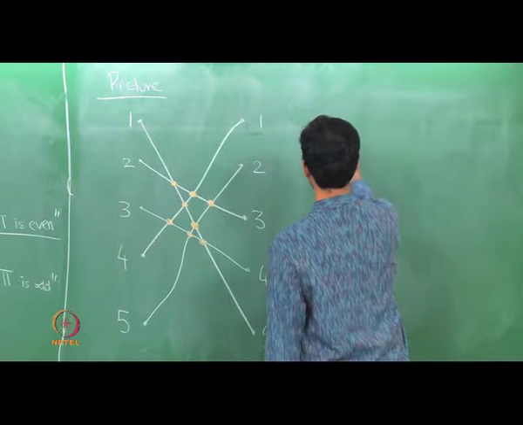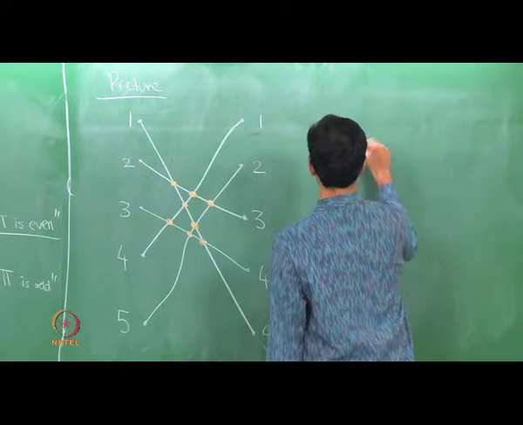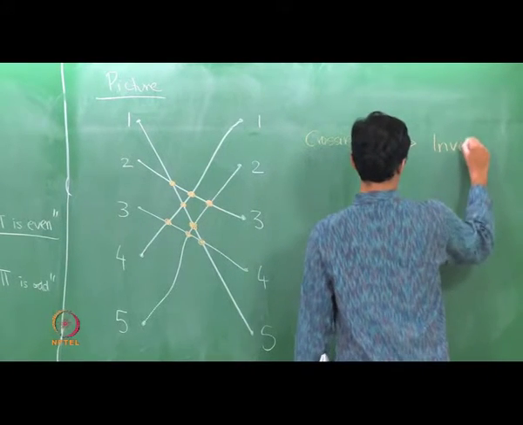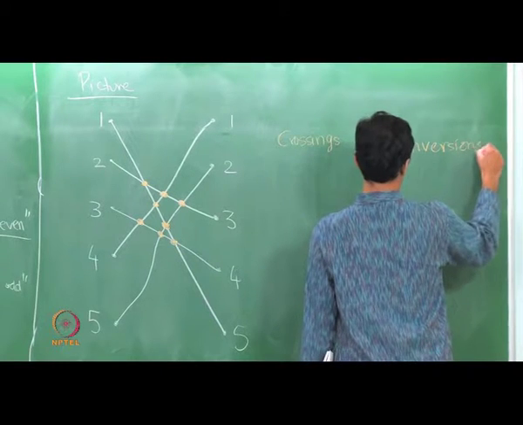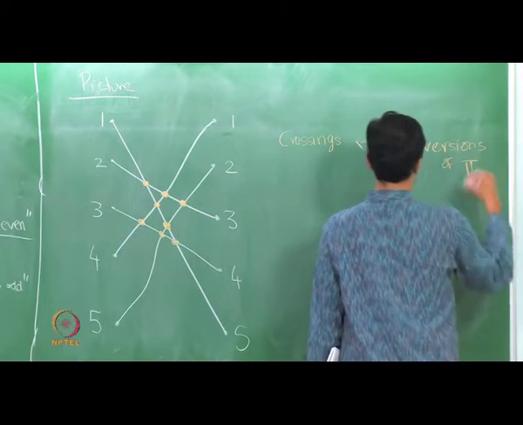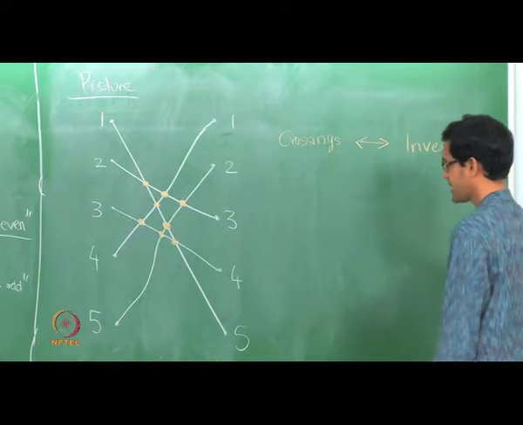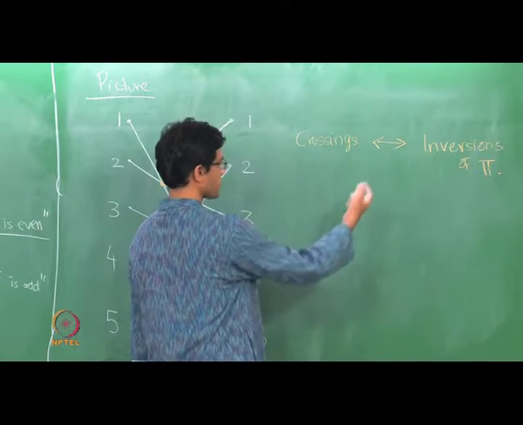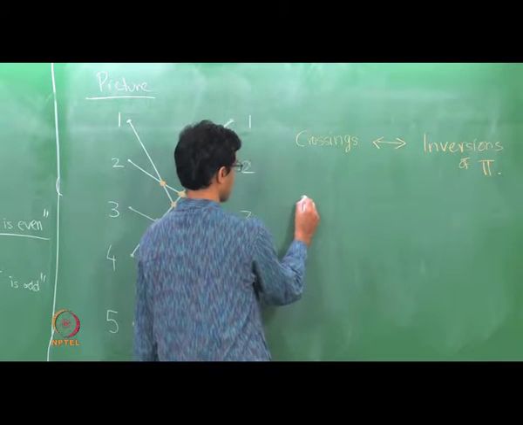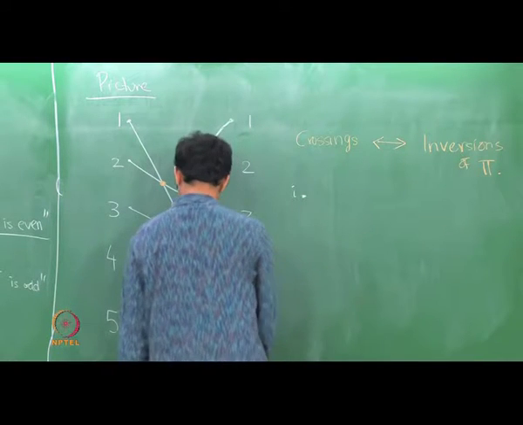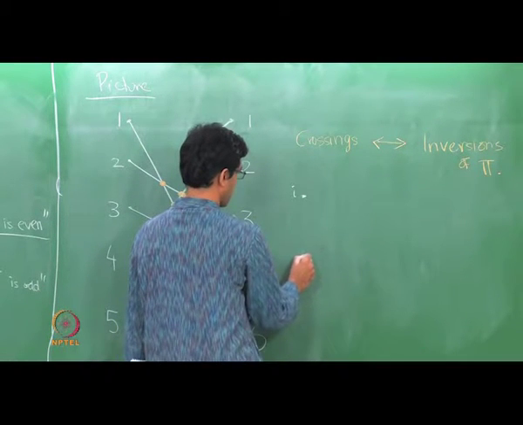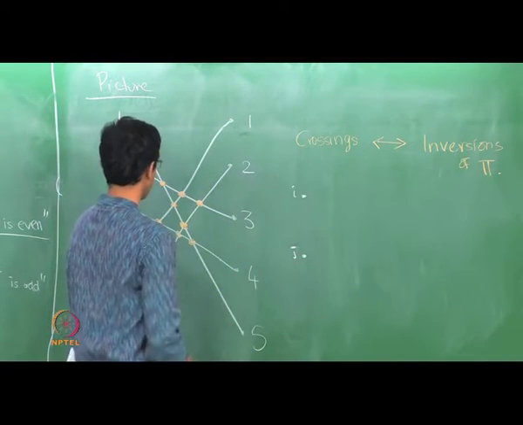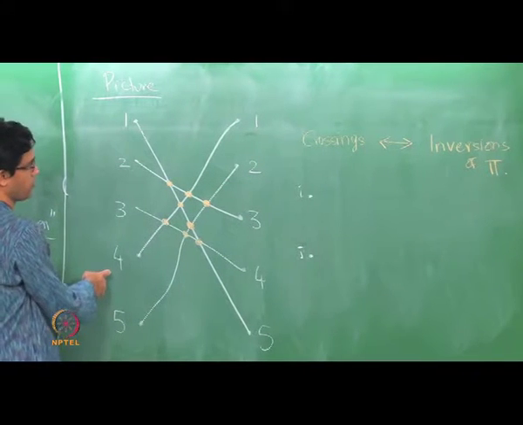Observe that crossings or intersections in this diagram really correspond to inversions of pi. Why is that? It is a very simple observation. What does an inversion of pi mean? It means that you have two numbers i and j, with i smaller than j. Let us say i is 2 and j is 4, for instance.